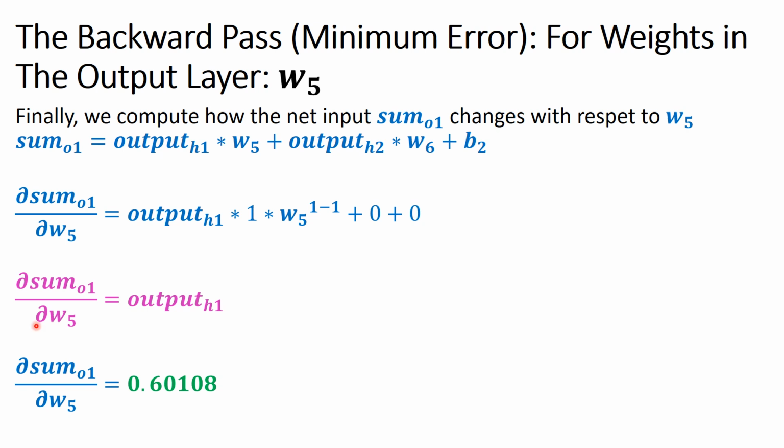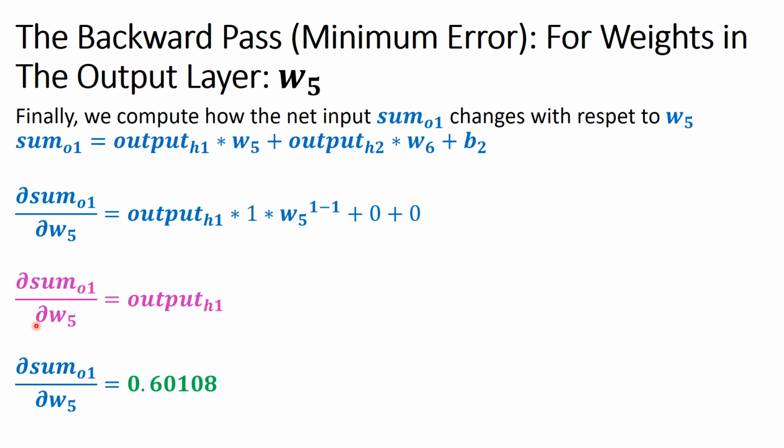Finally, we compute how the net input sum O1 changes with respect to W5. Sum O1 equals output H1 multiplied by W5 plus output H2 multiplied by W6 plus B2.